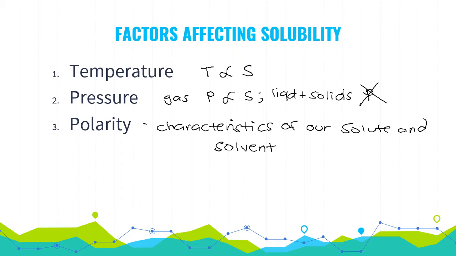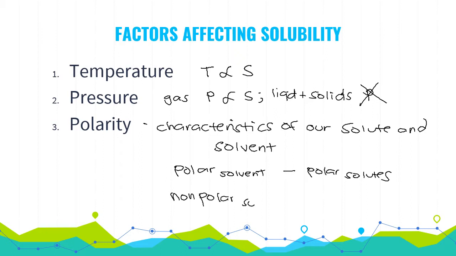For the characteristics of our solute and solvent, we know that only polar solvents can dissolve polar solutes, and only non-polar solvents can dissolve non-polar solutes. Thus, we can say that polar solvents cannot dissolve non-polar solutes. Again, the factors affecting solubility are temperature, pressure, and polarity.